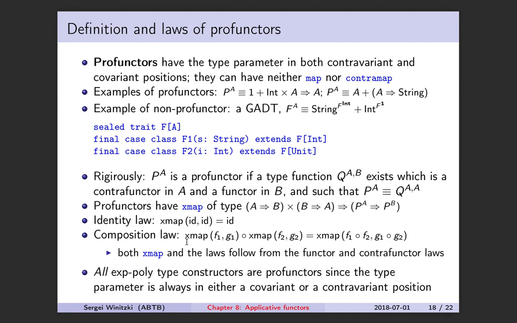Now, let's talk about profunctors. In the first part of this chapter, we have seen type constructors that are not functors, but applicative. And these were actually also not contrafunctors. There are two main examples that we have seen.